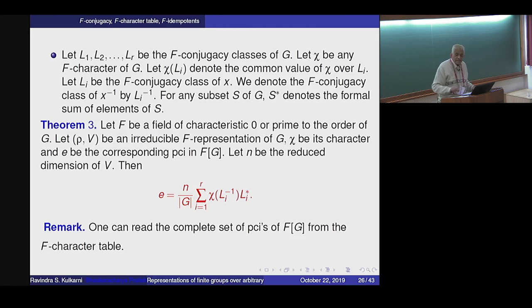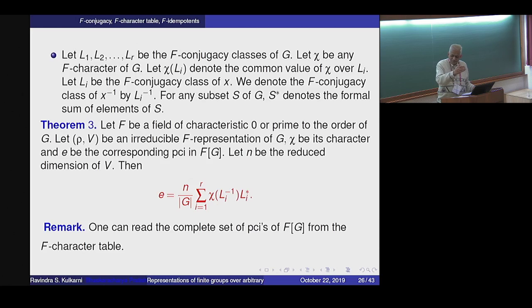And now this n over the order of G, that n is the reduced dimension of the vector space. This is a vector space over this division algebra D.